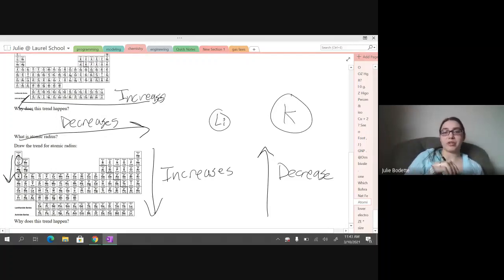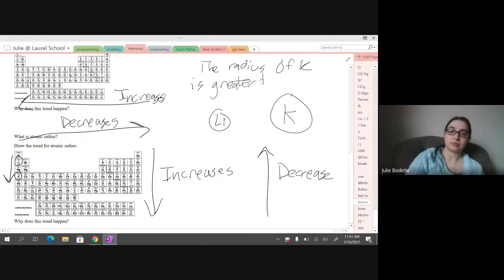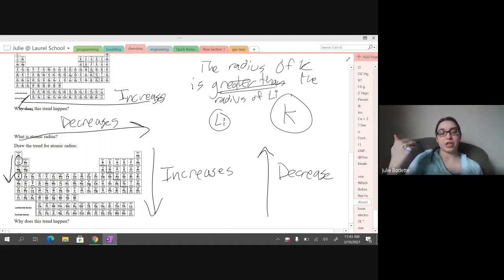If I were to compare them, I would say that the radius of potassium is greater than the radius of lithium. And you can do the same trick if you're given, for example, ionization energy or electronegativity. You just have to draw the trends.